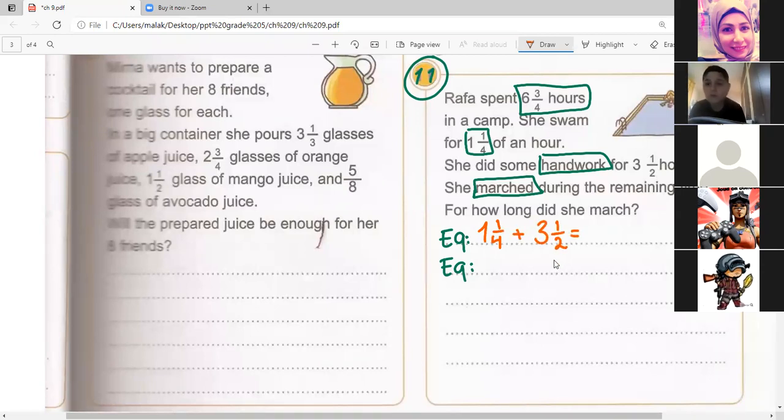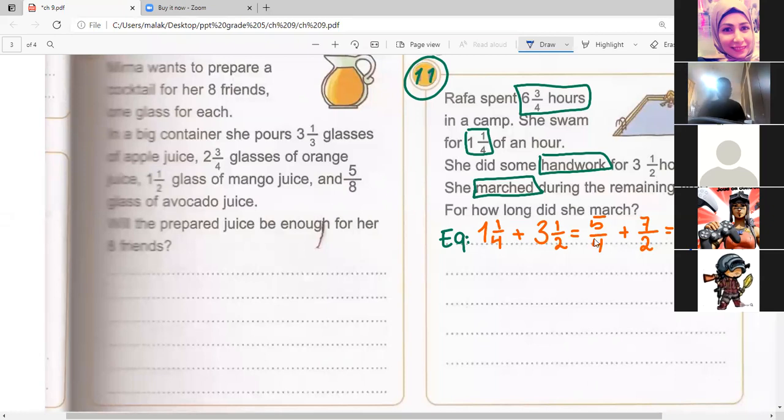Change the mixed numbers to fractions. 1 times 4 equals 4, plus 1 equals 5. 3 times 2 equals 6, plus 1 is 7. Bravo. How do we add two fractions of different denominators? We write the table to find the common multiple between 4 and 2. The smaller is 4.